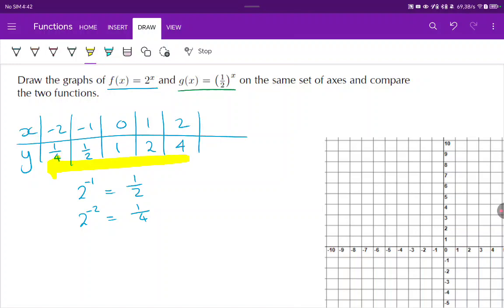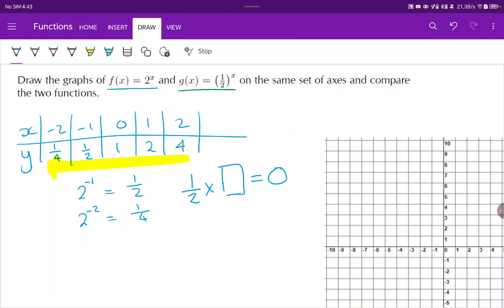So 4, half of 4 is 2, half of 2 is 1, half of 1 is a half, half of a half is a quarter, half of a quarter is an eighth, then a 16th, etc. But what I want you to realize by the statement I'm saying is that it will never reach 0. There's no number where you can say a half of an unknown number equals 0. That's impossible. Or half of 0, but we're never going to reach 0.